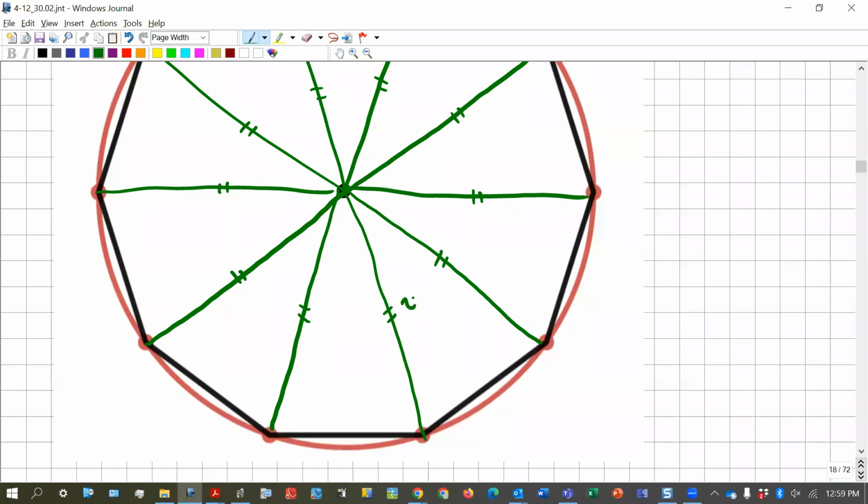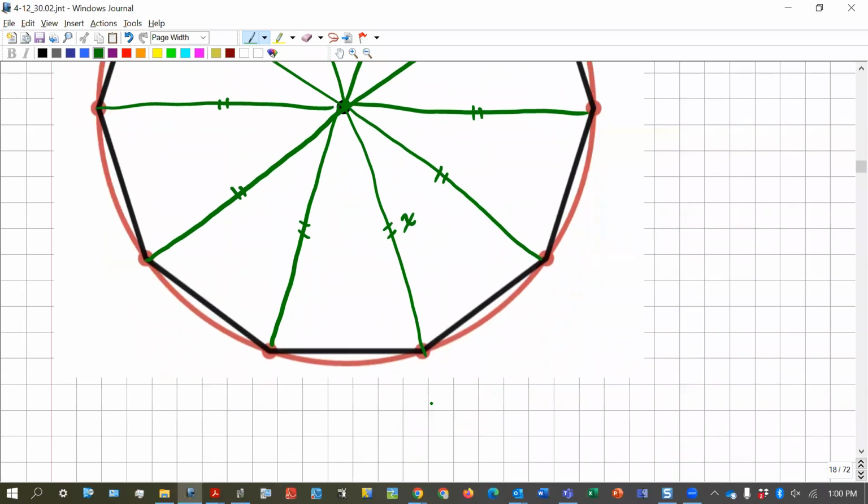And if that distance is x, we would say the radius is x.